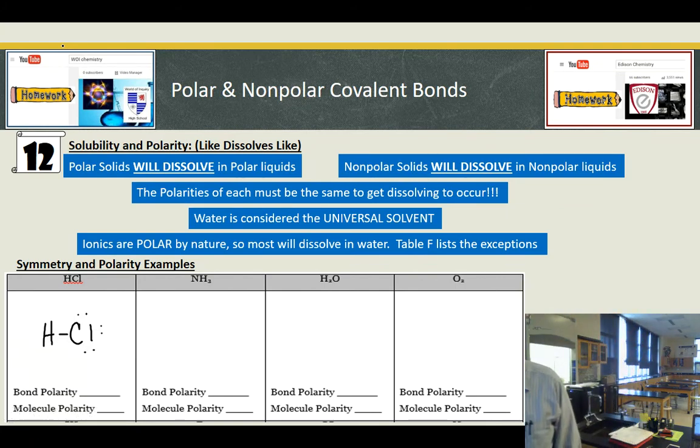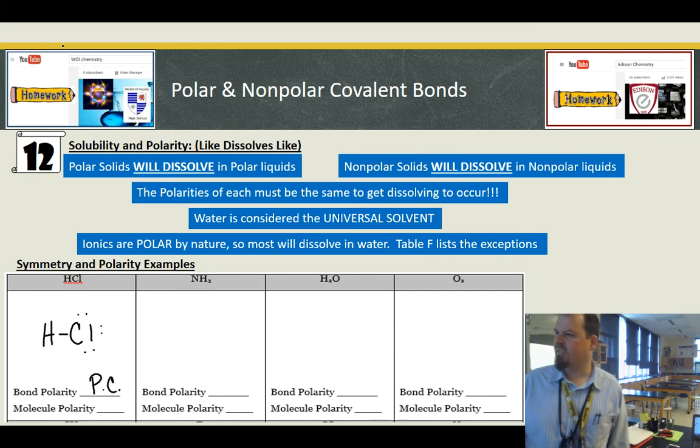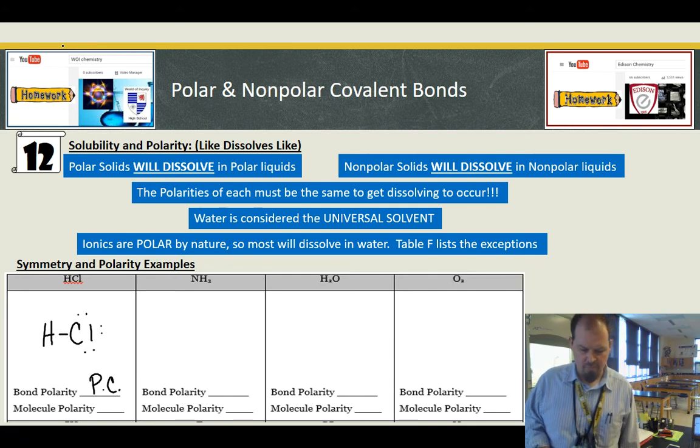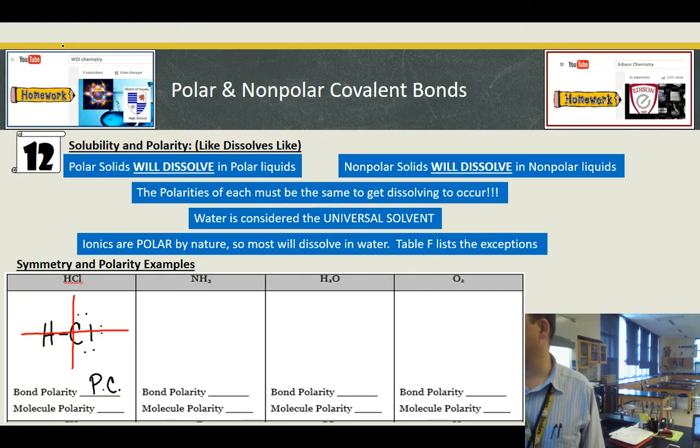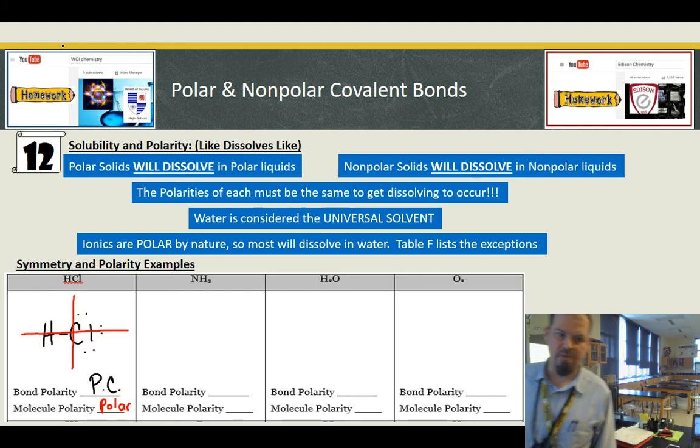So I'm just going to write PC for polar covalent, because 3.4 minus 2.2 is in between 0.4 and 1.7. Now, molecule polarity. When I cut it this way, it's the same top and bottom. But when I cut it this way, it's not the same. So this is a polar molecule. See how we did that? And these don't always match. Polar covalent bonds do not always make polar molecules, so we can't make those jumps or connections.